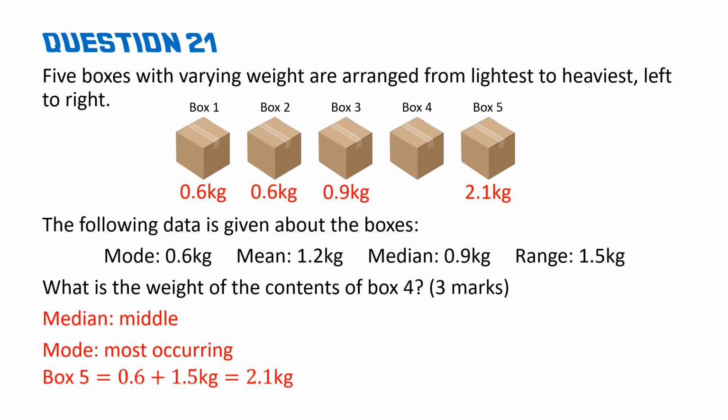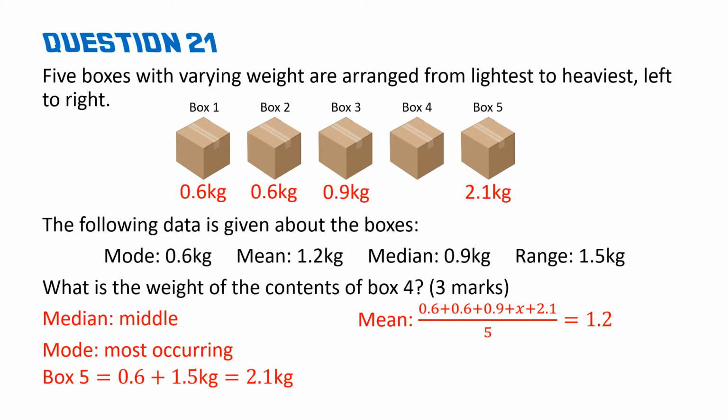So if I was to add all of those weights together, we don't know what box 4 is at this point, so let's give it a variable like x. So now if I go all of the 5 boxes, 0.6 plus 0.6 plus 0.9 plus x plus 2.1, and then I divide that by 5, that would give me my mean score of 1.2 kilograms. So now I need to rearrange and solve for x.